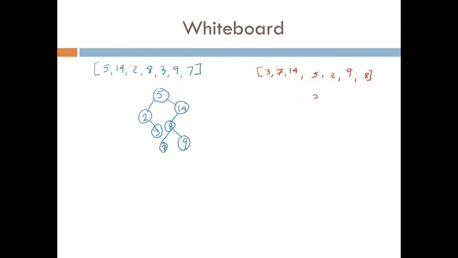So we begin with the 3, and obviously there's nothing in the tree, so it goes in the root. And then we look at the fact that 7, the next value, is greater than 3, so we insert the 7. And the 14 is greater than 3, and it's greater than 7, so we insert it there.